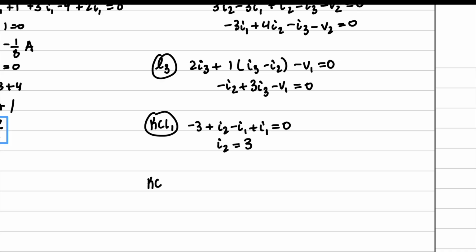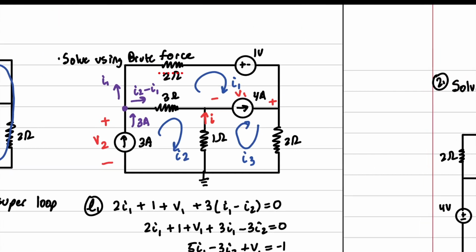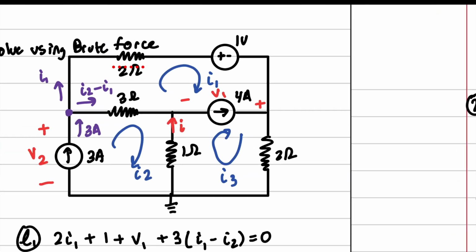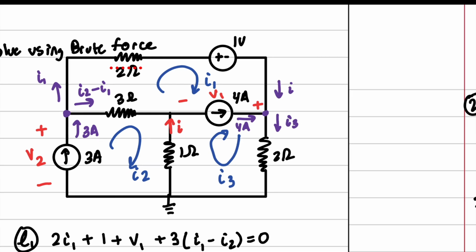Now let's do KCL 2 from the other current source. Right here, we have 4 amps going into this node. We have I3 going down, and we have just I1 going here.